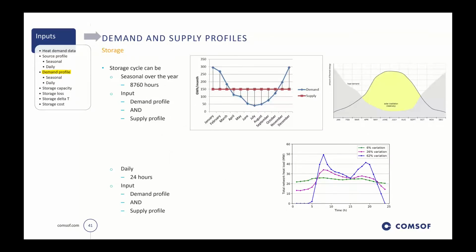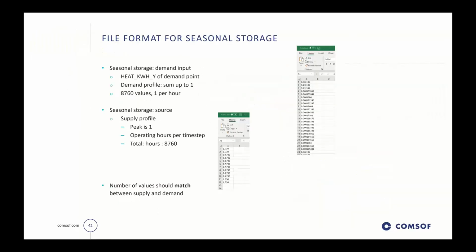We will have to enter the demand profiles depending on what you want to design for, seasonal or daily. You enter the type of profile you need. If it's seasonal, you have 8,760 hours per year. If it's daily, you can give 24 values. The files for the profiles are in Excel or better comma-separated files.